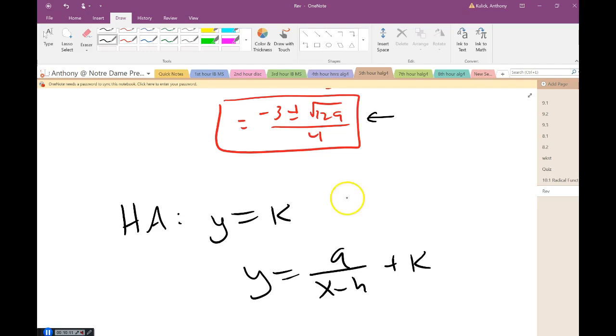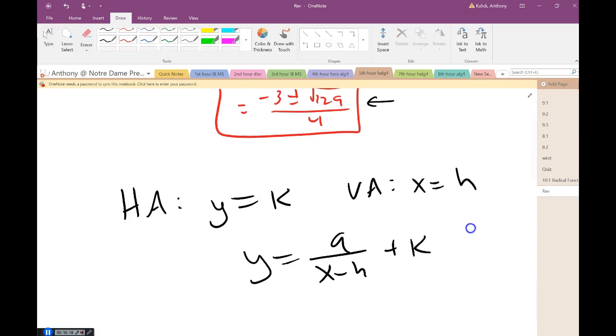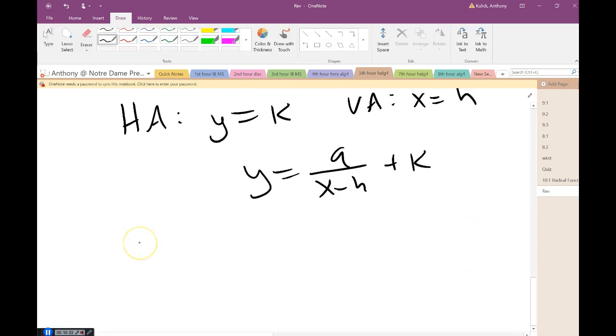So the horizontal asymptote is that. The vertical asymptote is that. Well, that's different. You asked about 9, though. So 9, it's just simply k, right? It's the horizontal asymptote. 10, it's different.